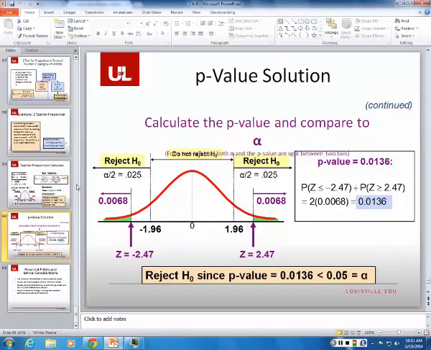And two, because you're using the null hypothesis to calculate the standard error, it's as if you're saying you know what the standard deviation is for the population. And we've already shown before that if you know the standard deviation of the population, you can use normality. So those are the two reasons that you're always going to end up using z when we talk about proportions. That's not true when it comes to sample means.